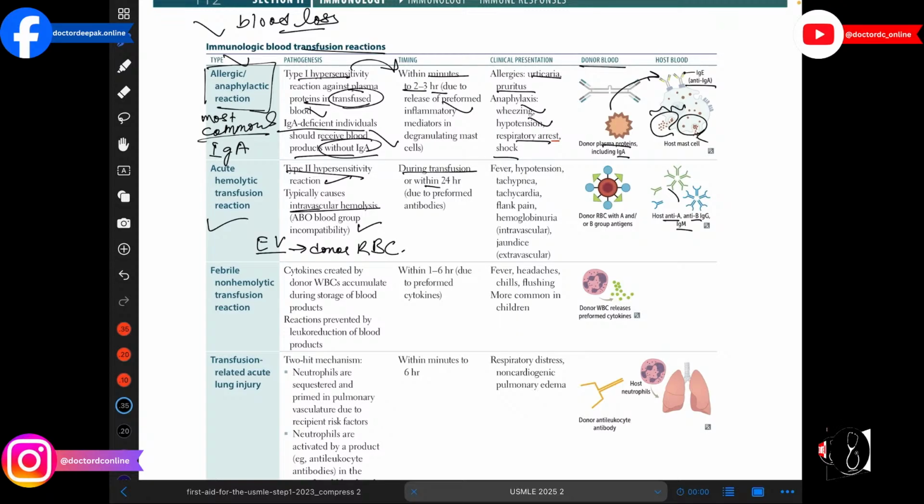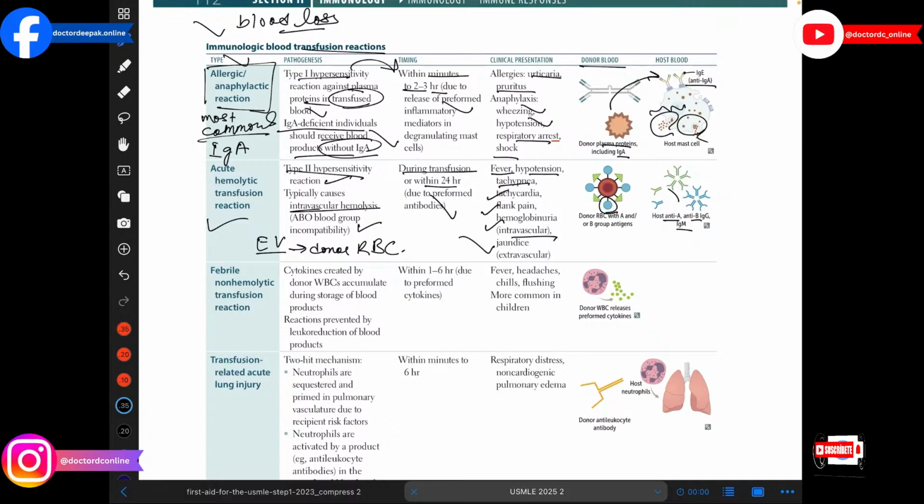It happens during the transfusion or within 24 hours due to preformed antibodies. Presentation includes fever, hypotension, tachypnea, tachycardia, flank pain, and hemoglobinuria. That is if it is intravascular hemolysis; if it is extravascular hemolysis, then there will be jaundice.